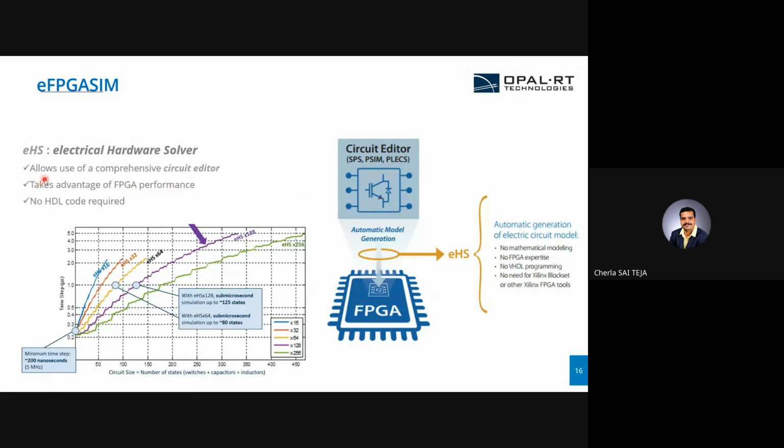With this, it allows us to have a comprehensive circuit editor and takes advantage of FPGA performance without any code. We need not have to write any code. That is where this solver finds its application in all places where people want to test and validate power converters and motor drives.